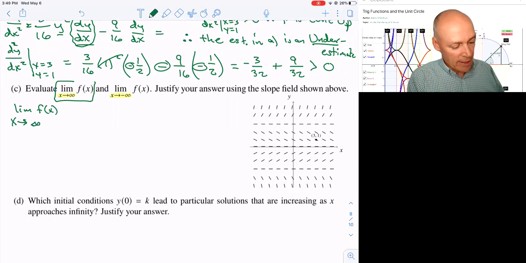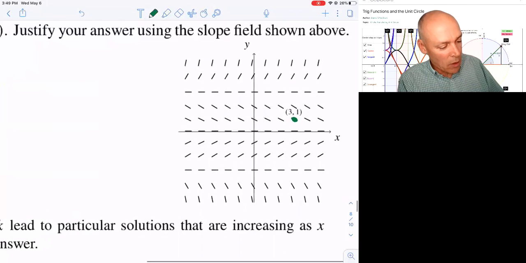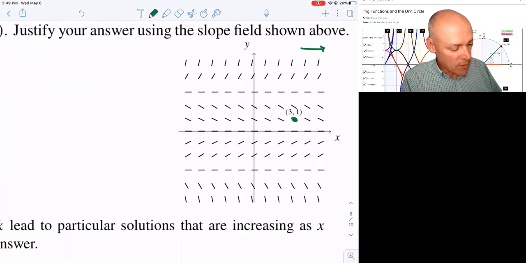Well, to find that, I'm going to go to my slope field. I'm going to go on to that point there at 3, 1. And now as x approaches infinity, I'm going to the right. So I'm basically just kind of following my slope field. And it looks like I've got a horizontal asymptote where? At x equals 0.